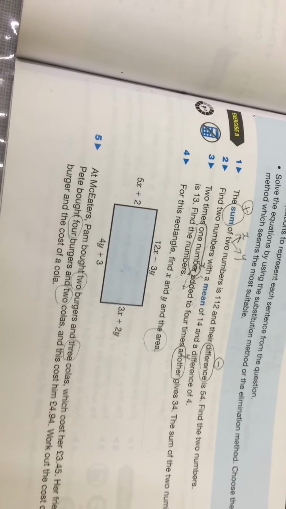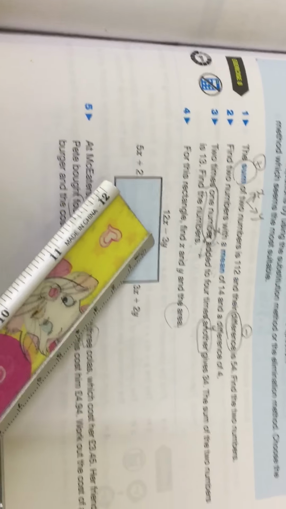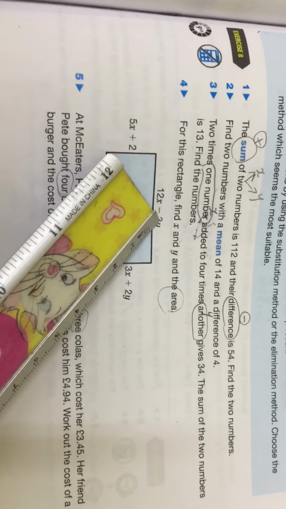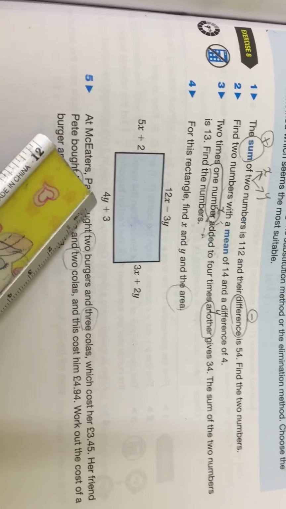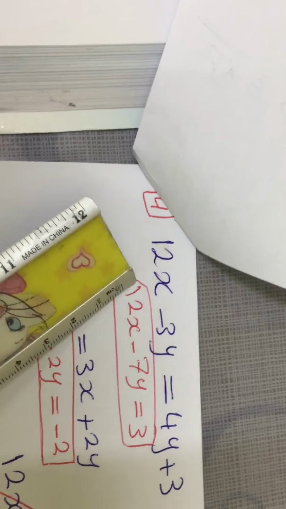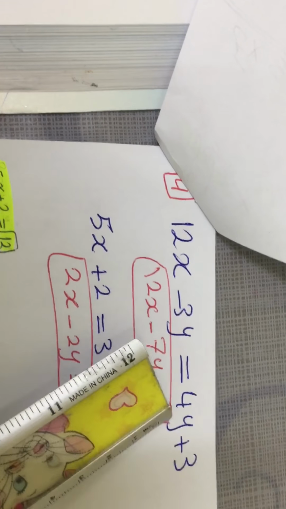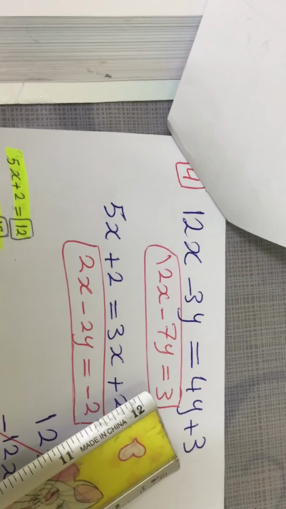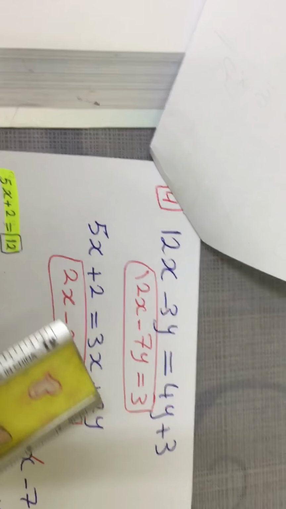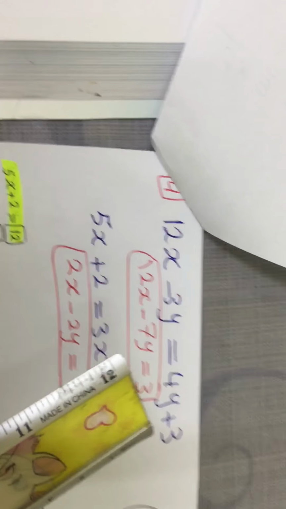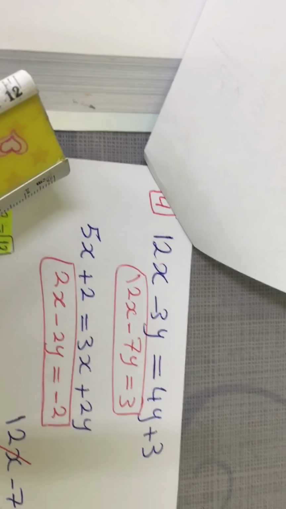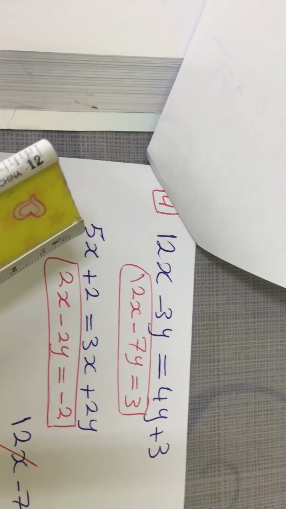Okay, so again, attention. 12x minus 3y equals 4y plus 3. Let's handle the equation. Let's put the x and y on one side and the numbers on the other side.